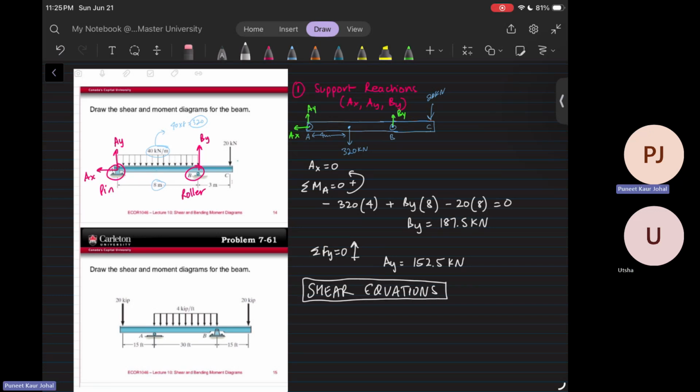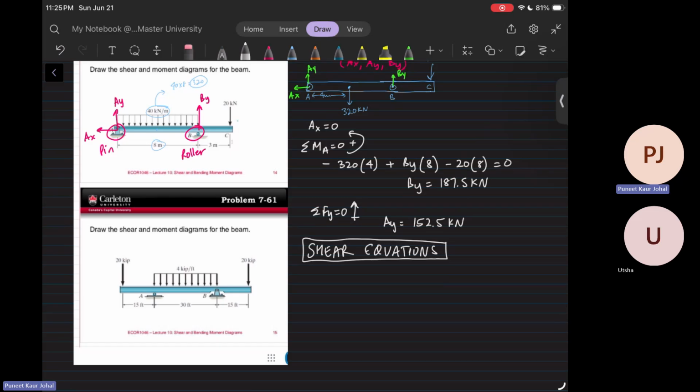So the shear equation goes like this. It's going to be like a linear equation, usually in the form of y equals b plus mx. The sign here, positive or negative, depends on the direction of loading. When loading is downwards, this is supposed to be a negative sign. So the slope is this 40 kilonewtons per meter. That is going to be the slope, which is going to be represented by the letter m.